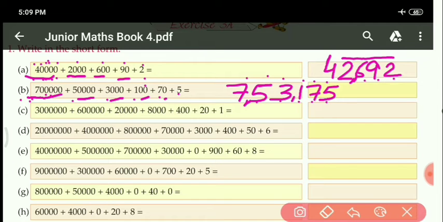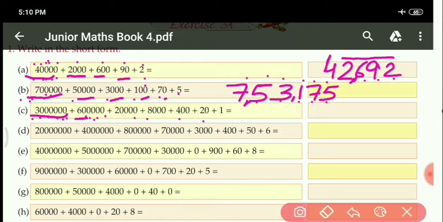Here also, here is given 3 after 1, 2, 3, 4, 5, 6. 6 0 are given. 3 where will be? In 10 lakh. So it is equal to 30 lakh, and this is 6 after how many 0? 1, 2, 3, 4, 5. It is 6 lakh. Then after 40, it is 20,000, and 8,420 plus 1.